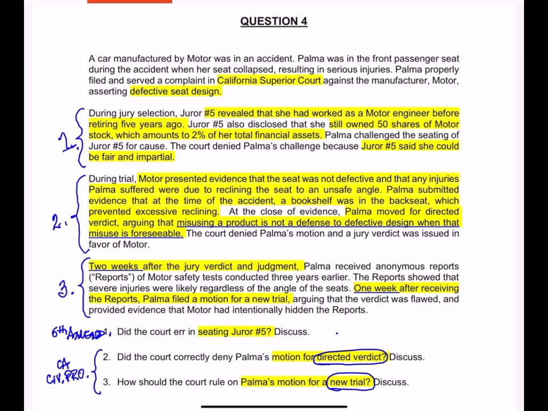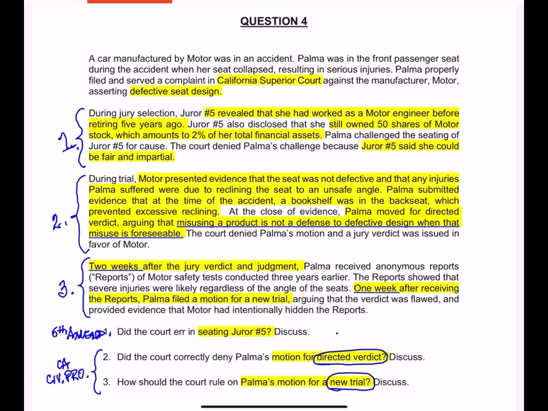So she's within the time limit right now. The report showed that severe injuries were likely. 1 week after receiving the reports, Palma filed a motion for a new trial. So we are 20 or 21 days out from the entry of the judgment. And that's past the time limit.